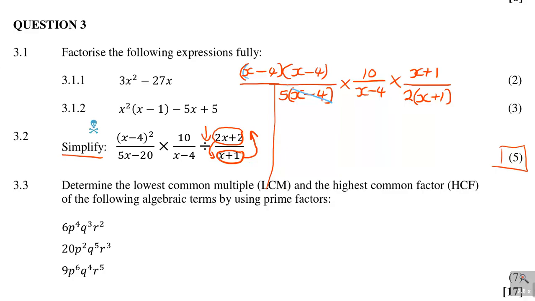When it's like that, then when I cross out this one, I will cross out that one. Again, there is x minus 4, it will cross out with that. That's why I did that. Then x plus 1, cross out x plus 1. And then on top, remember this is 1, this is 1, there is a number, this is 1. So you see the 2 will go into 10 5 times, and there is a 5 there which will go into 5 1.